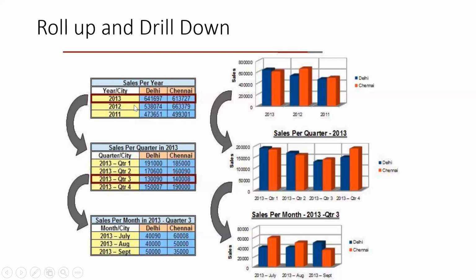It's a cross tab. In this axis, we are pushing the city information or city dimension. In this column, I'm using year, or time, as a dimension, which is a hierarchical dimension.